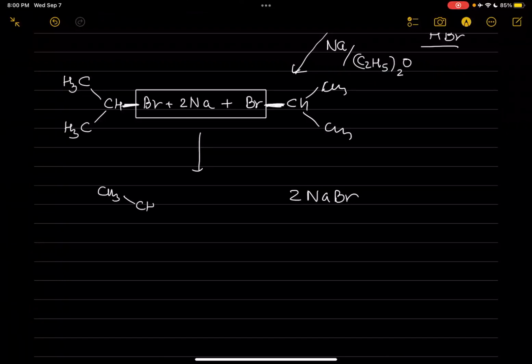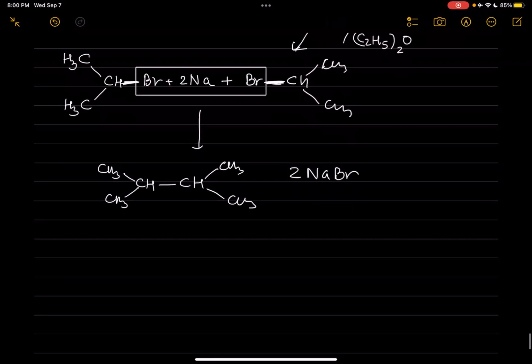Zen, is it clear? Imad, Anushka. Yes, sir, clear. So we have not made normal hexane, Zen, this kind of hexane.